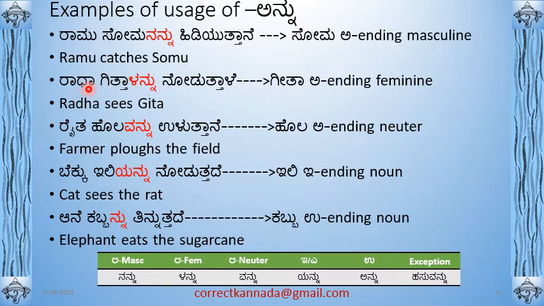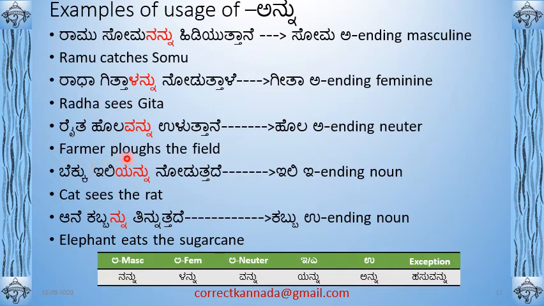Then Radha Geetalannu noduttale. Right? Geeta is a feminine i-ending, so la, Geetalannu. Radha sees Geeta. Noduttale means sees. Raita holavannu uluttane. Hola is field. A-ending neuter, so vannu. Holavannu.